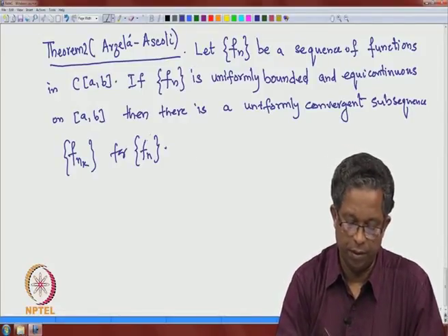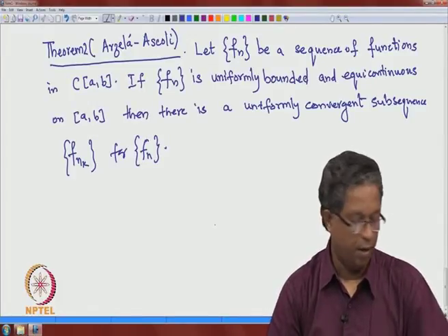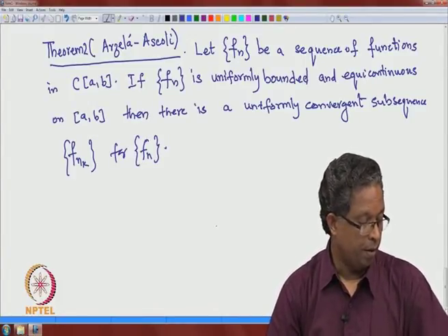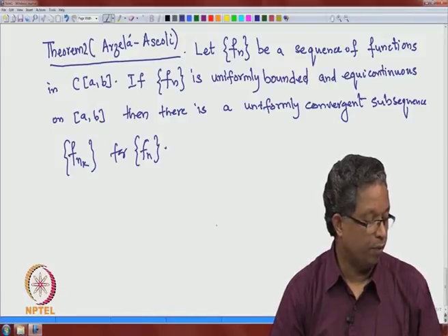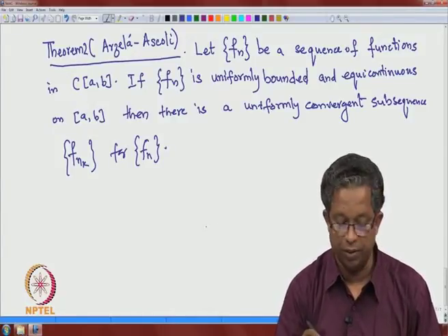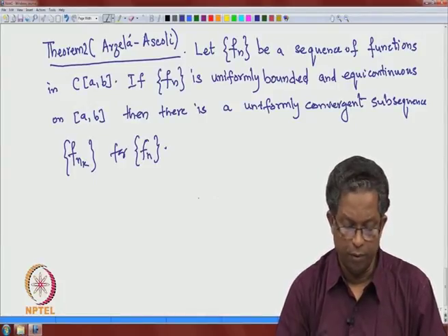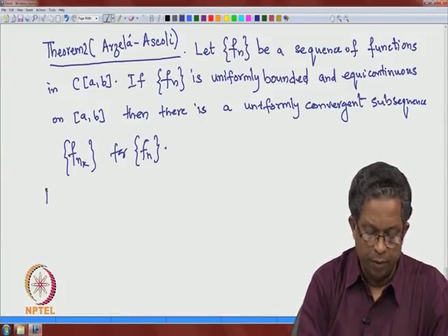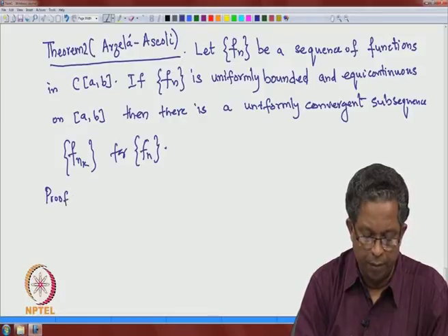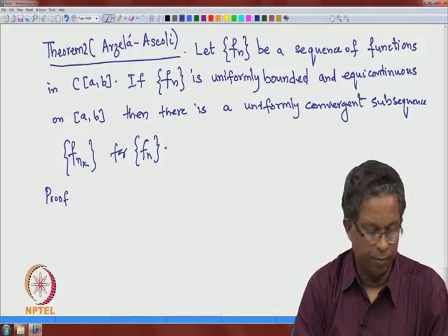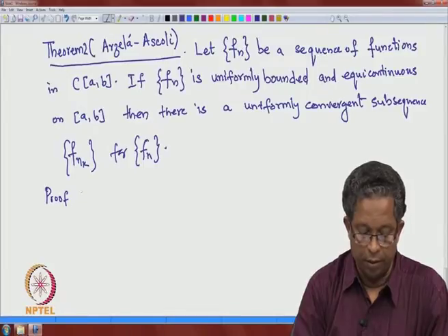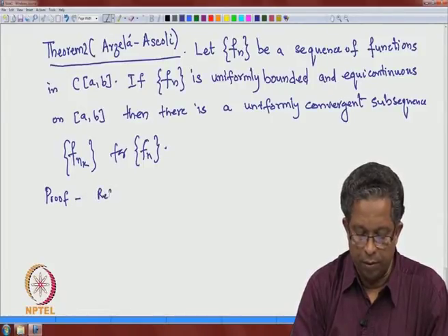So, this result is known as Arzela-Ascoli theorem, which we will be using for proving the existence theorem for the initial value problem. For the proof, one may refer to any standard book on analysis, or it is also given in Coddington and Levinson.